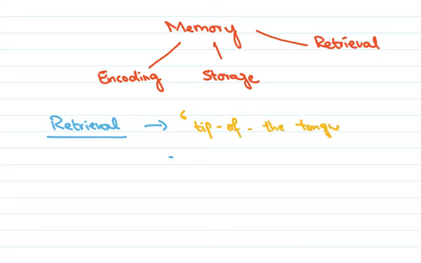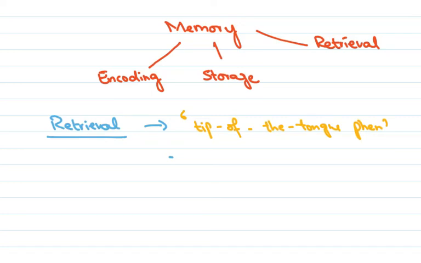I don't know how many of you are familiar with what exactly the tip of the tongue phenomenon is, but it's basically when you see someone and you know their name, but it just doesn't come to you. You're trying very, very hard, and you know that you know it. It's right at the tip of your tongue, but you're just not able to say it, right?